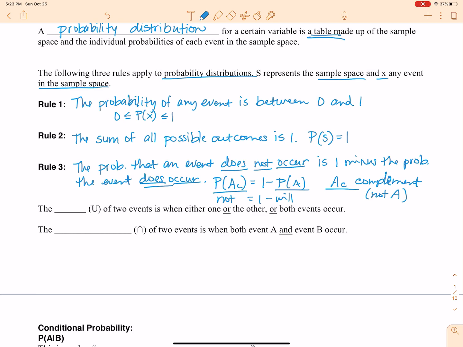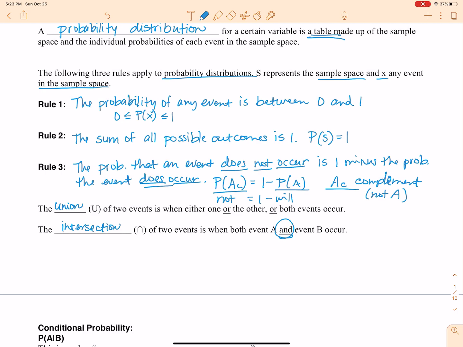All right, the union of two events is when either one or the other or both events occur, and the intersection of two events is when both A and B occur.